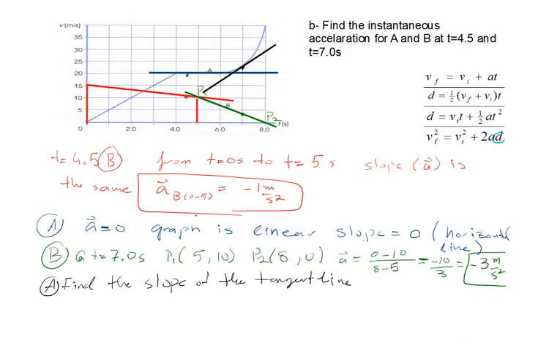So use any 2 points along this line. I'm going to use point 2 here, and point 1 we can use wherever you want, it doesn't matter really. I'm just going to use this point right there, P1. So P1 is going to be 7, and I would have to approximate this number here to be 22.